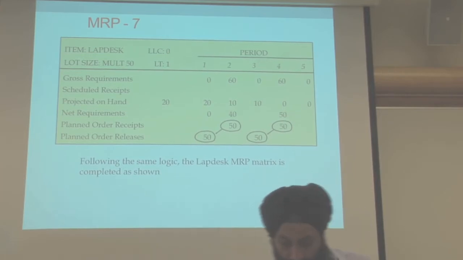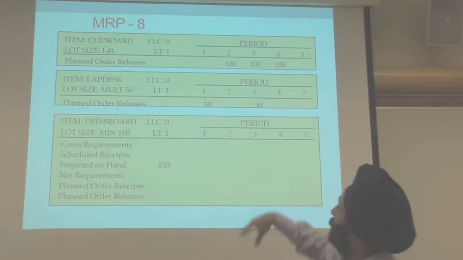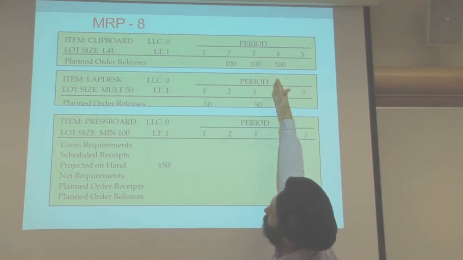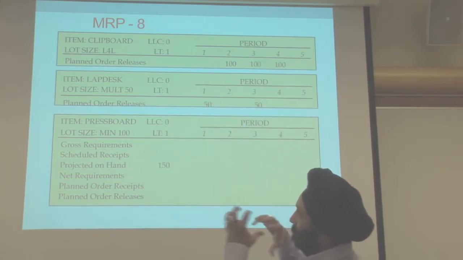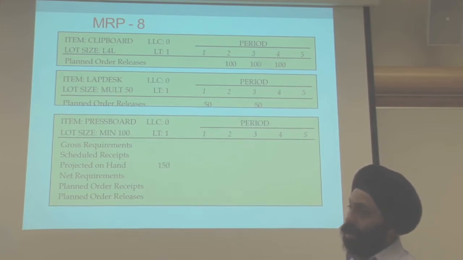So keep that in mind, and that becomes the input in terms of gross requirements that are coming in. So you have the planned order releases. Those are the 2 things that are affecting what the gross requirement is going to be for the press board, because we need to release the order to start assembling clipboards and lab desks.